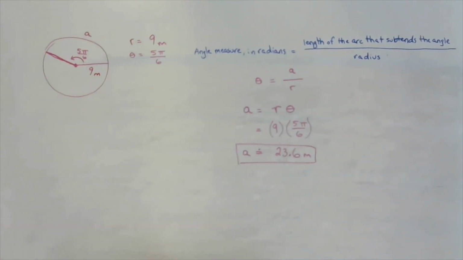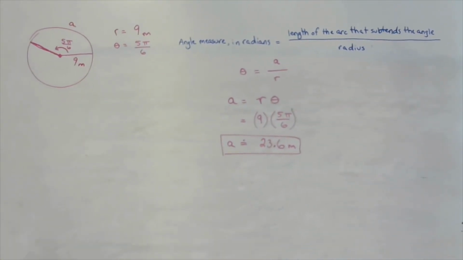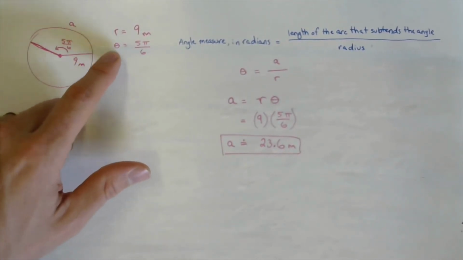Okay, it's a pretty simple formula to apply. You just have to remember that it is one of the tools in your toolbox now and use it whenever appropriate. Again, you could use the formula to figure out R if you didn't know it, or theta if you didn't know theta.